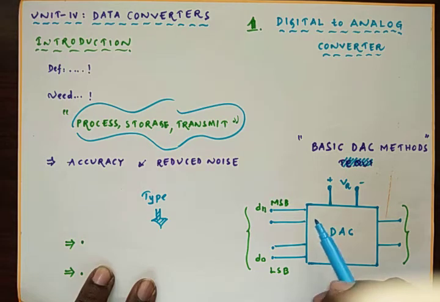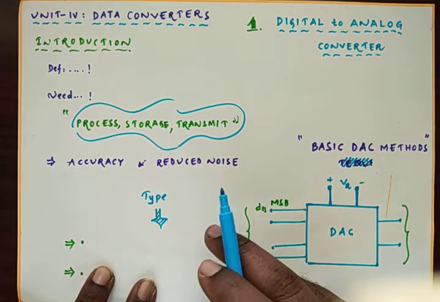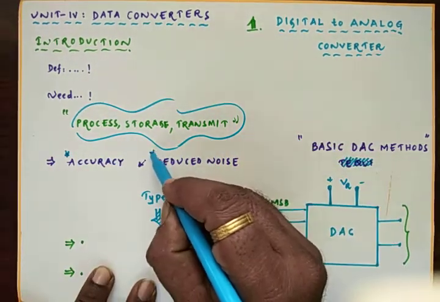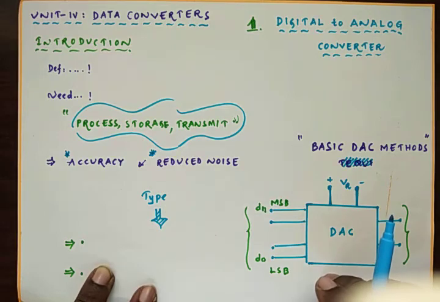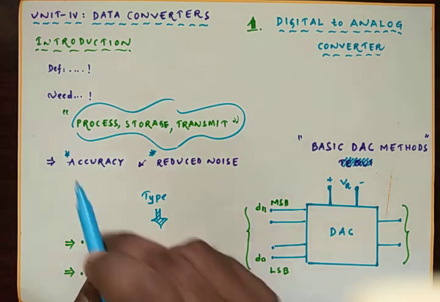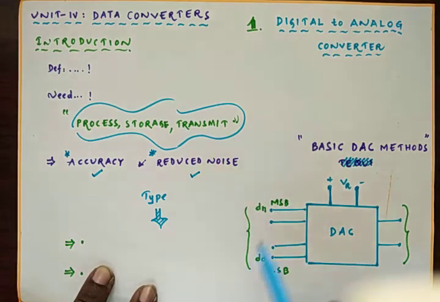By converting analog data into digital data, we can have more accuracy with reduced noise. When the analog form of data is converted into digital form, we can have more accuracy and reduced noise.